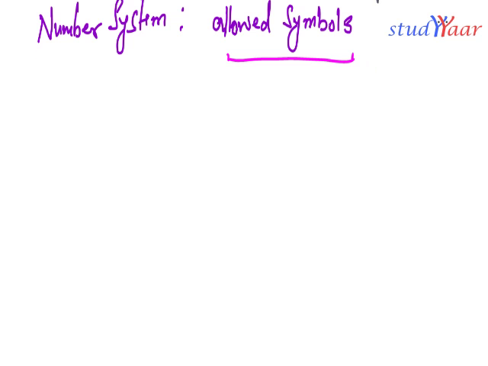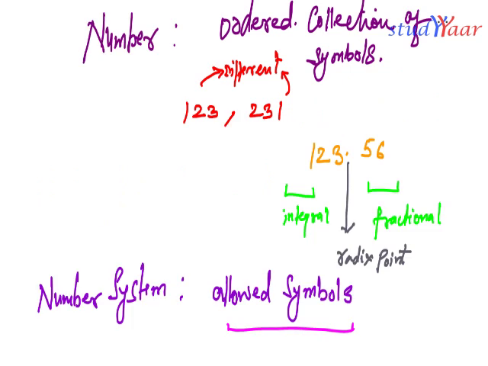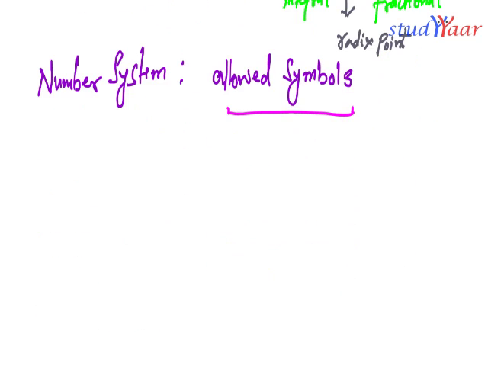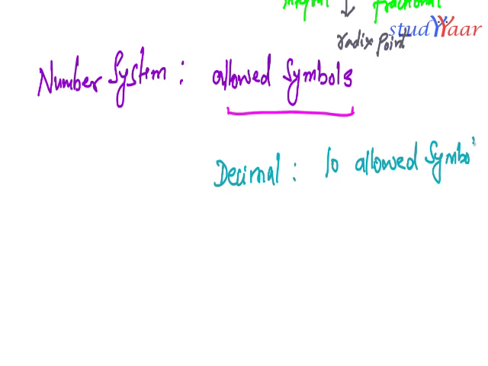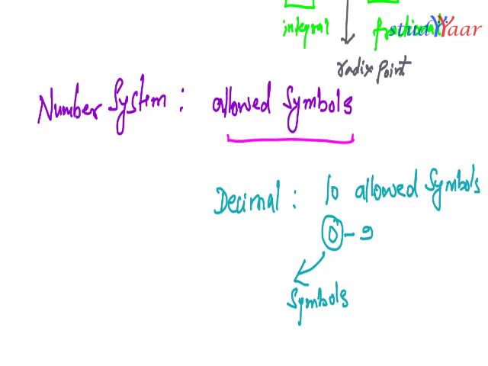Allowed symbols means the number of symbols that we can use to form a number. For example, in our day-to-day life we use the decimal number system, and the decimal number system has 10 allowed symbols. What are these 10 allowed symbols? These are 0 to 9: 0, 1, 2, 3, 4, 5, 6, 7, 8, 9. These are the symbols which we use to form a number.